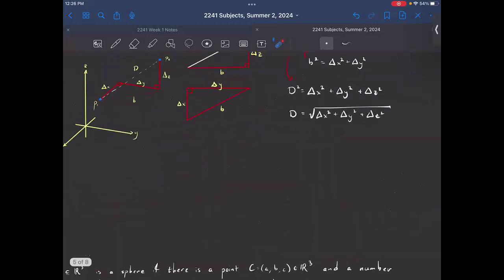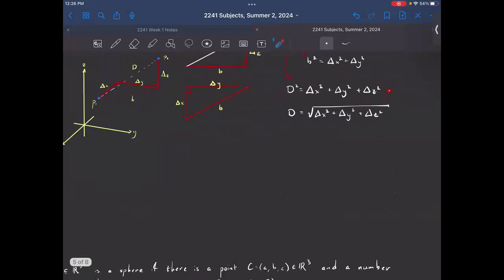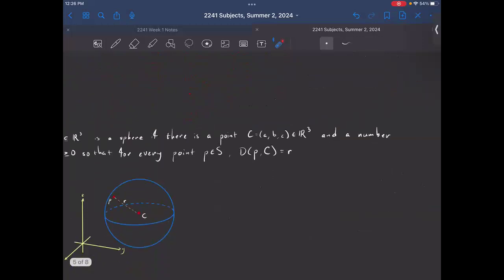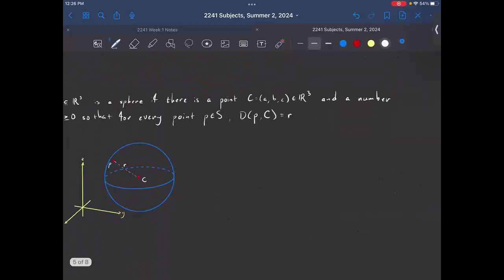Okay, so, if I look back at this formula right here, well, the distance is fixed for a sphere. So let's write that out.